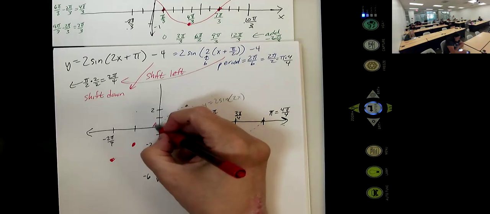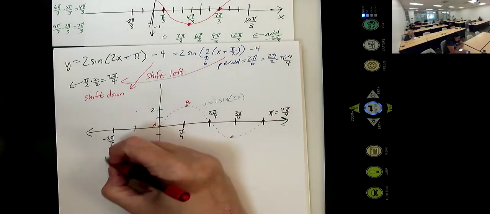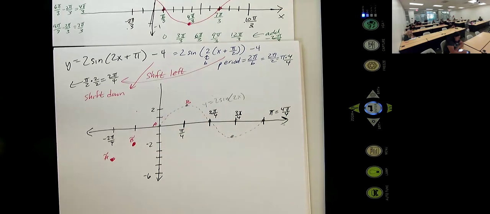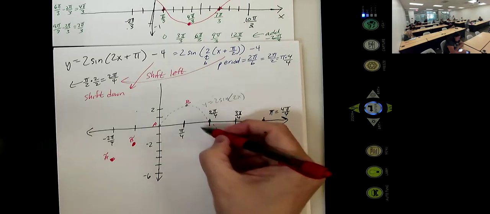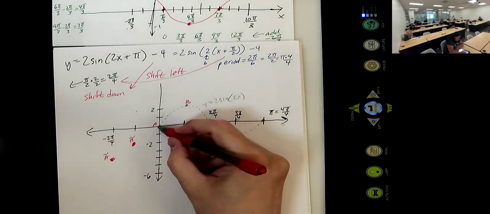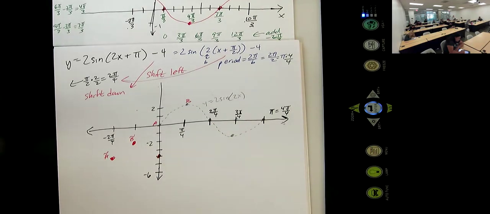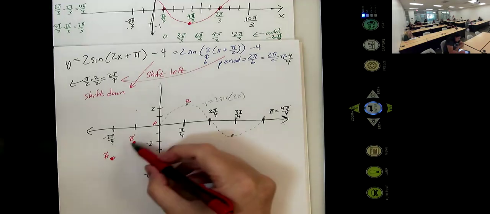So this is like A and B, and this is my new A and new B. And we're gonna follow that pattern, 2 pi over 4, go left, 2 pi over 4. Down. Once you have the first few points kind of in, as long as you know the pattern, you can follow the pattern.